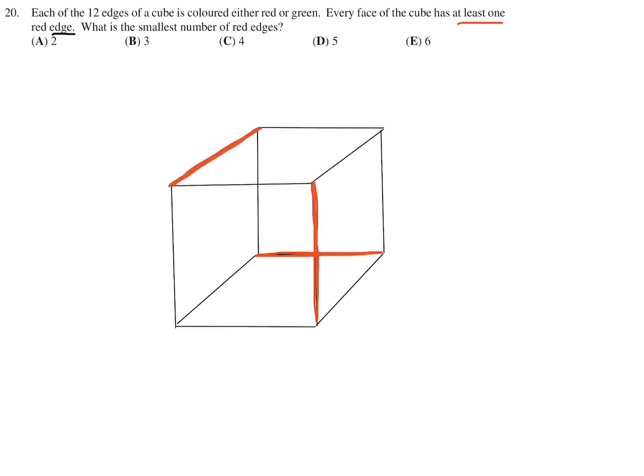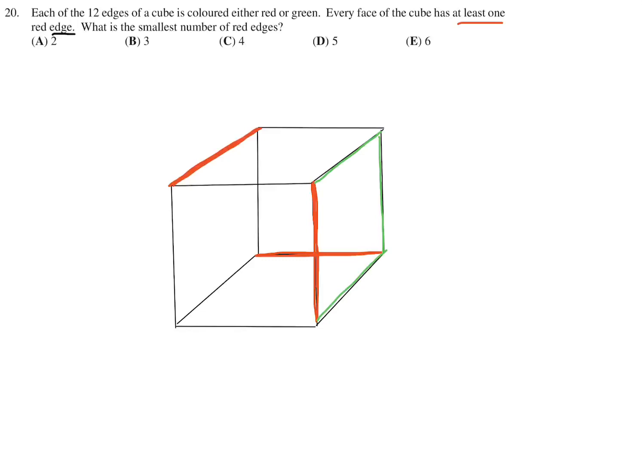And you will see, with just those 3, every face will have a red edge. So let's see if that is true. The top face, which is right here, does it have a red edge? Yes, it does. The bottom, does it have a red edge? Yes.